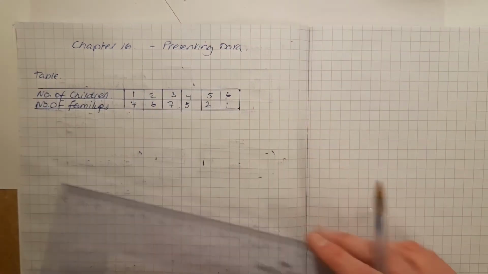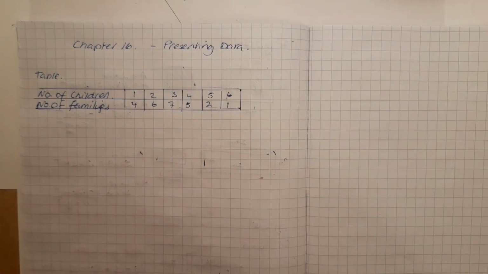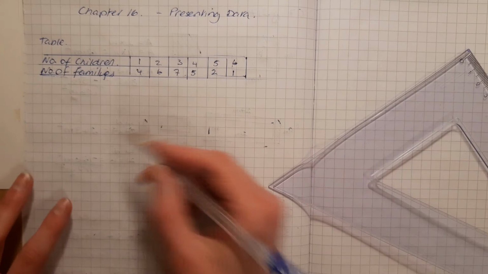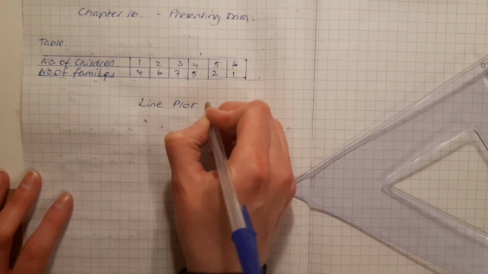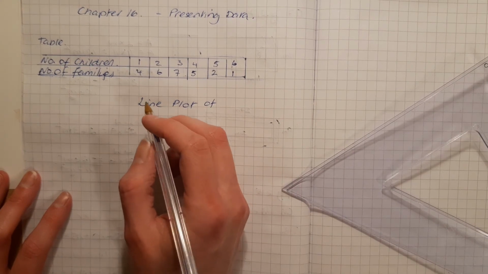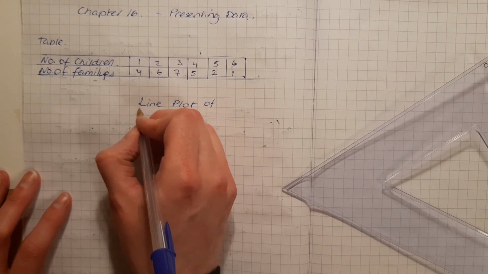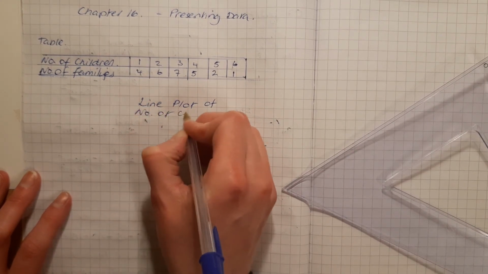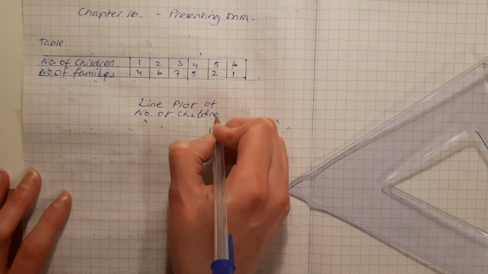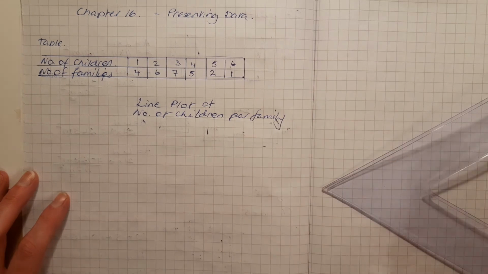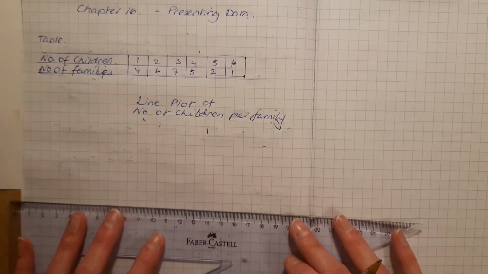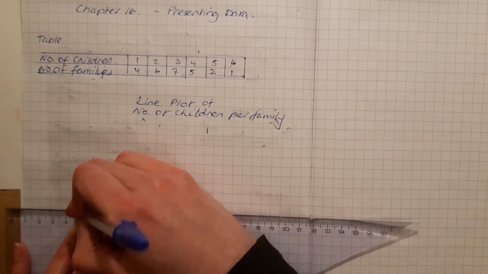So you will be faced with a similar kind of question, and you might be asked to do a line plot. So you give it a title, line plot of number of children per family. And very simply, as the line plot suggests, you draw a line.